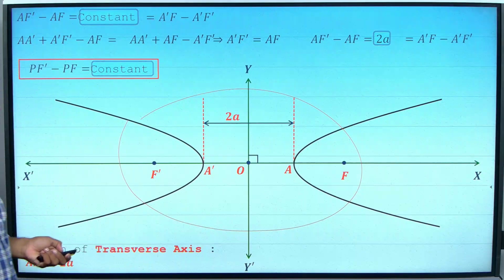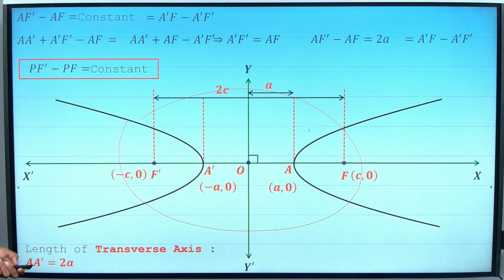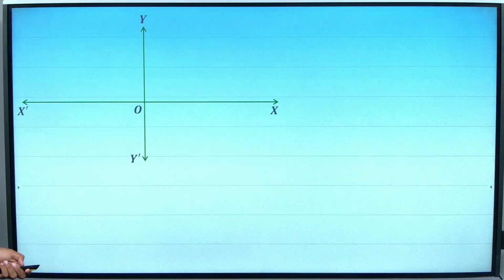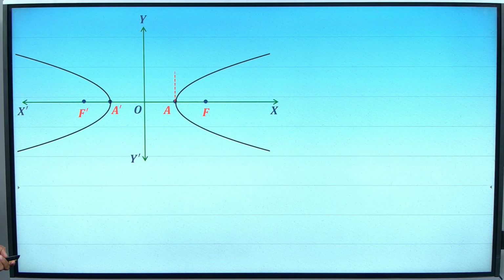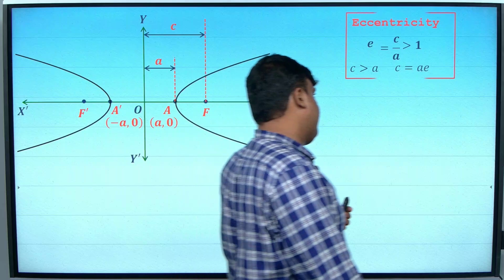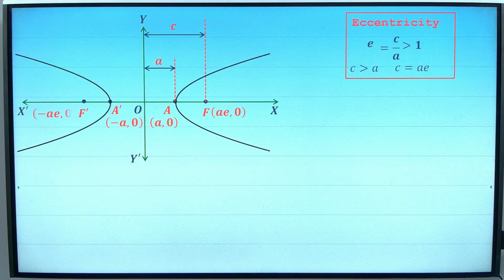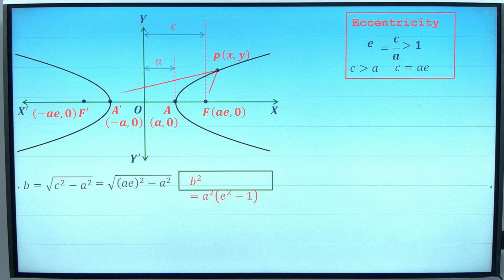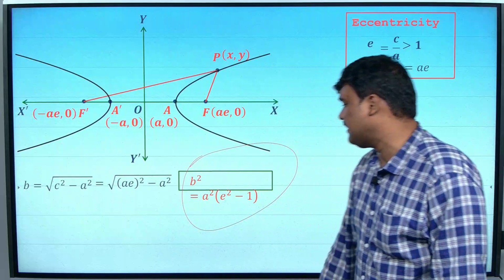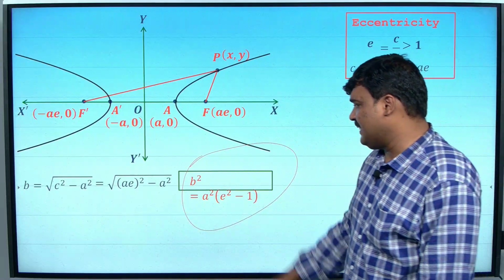So in the same way I am going to derive the equation of the hyperbola with the same a, b, c and same condition. Here also I am going to have eccentricity. Note this equation, guys: a, e, b and c are related by this equation.